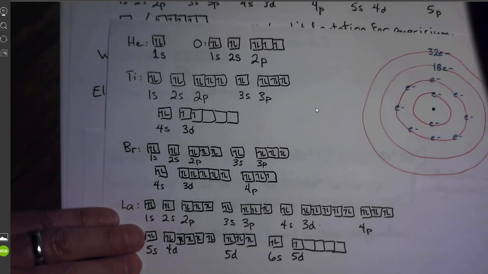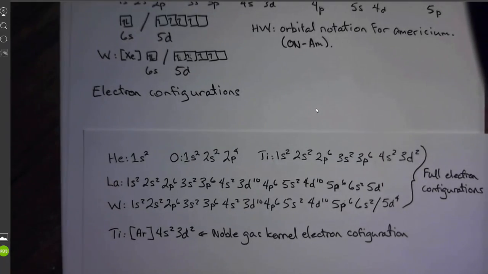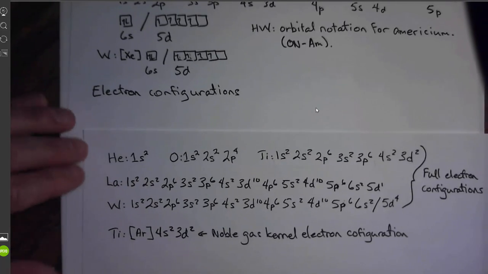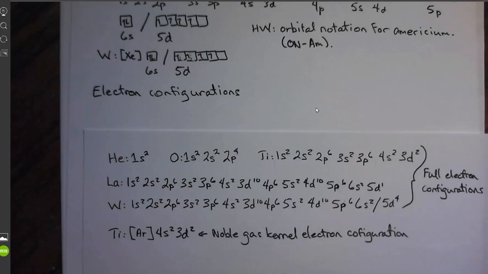Right, a noble gas kernel electron configuration for bromine. Okay.